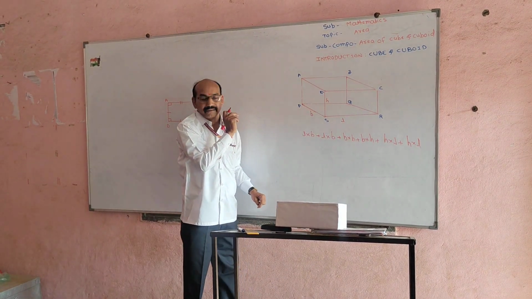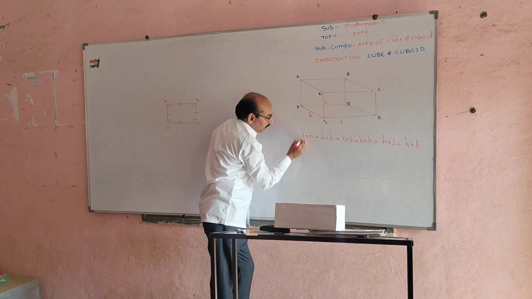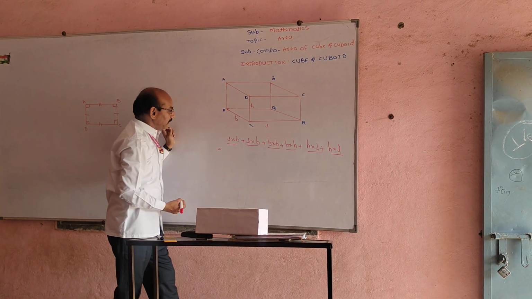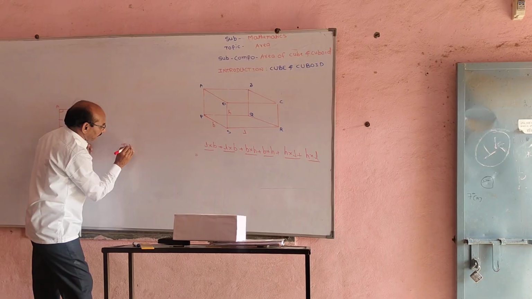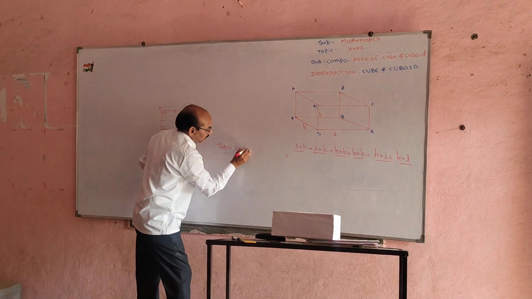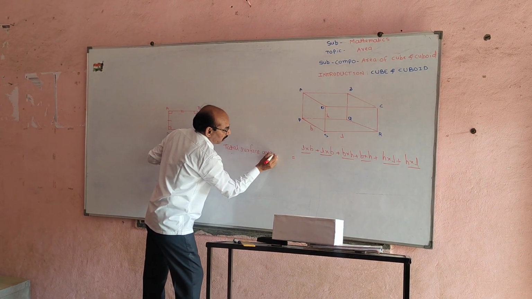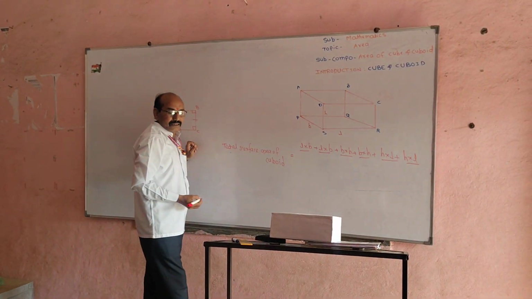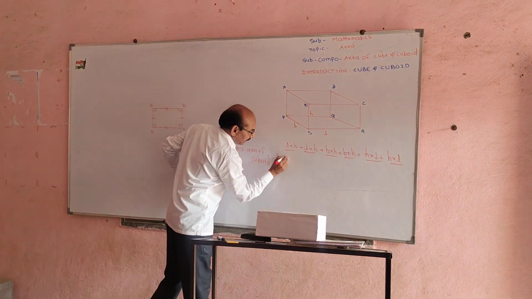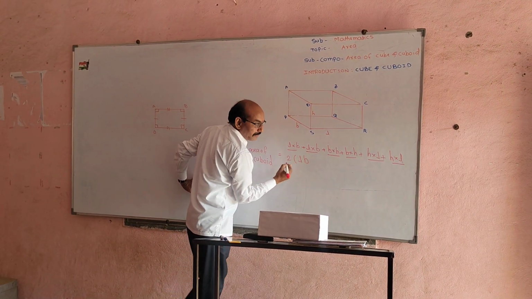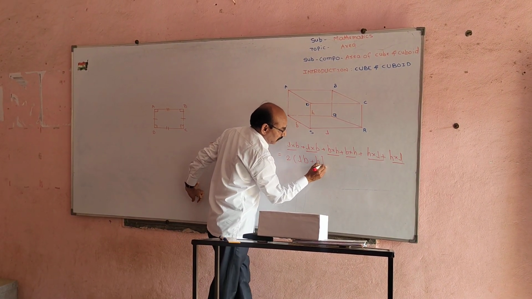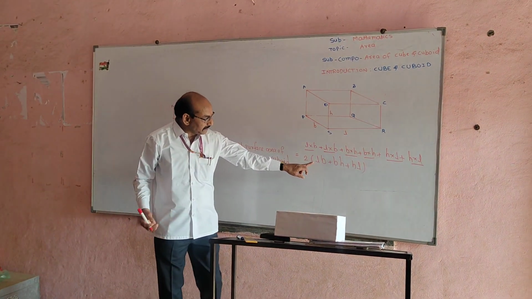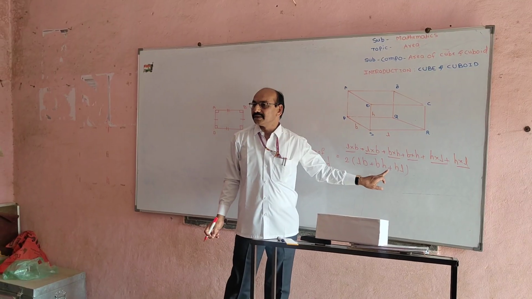Now here this one is double, this one is also double, this one is also double, so the total surface area of a cuboid has the formula 2 in brackets, length into breadth plus breadth into height plus height into length. Here L means length, B means breadth, H means height.